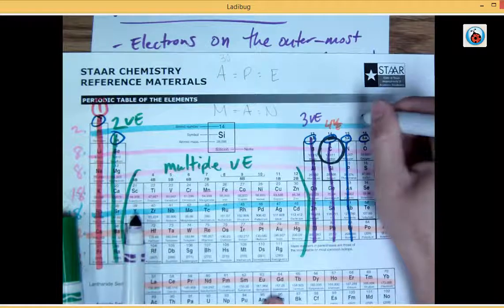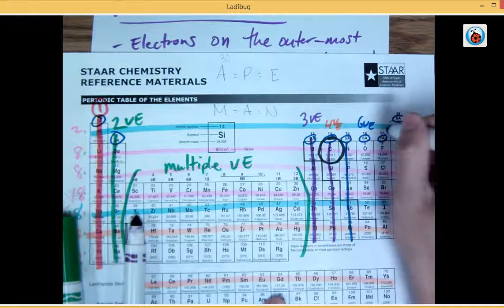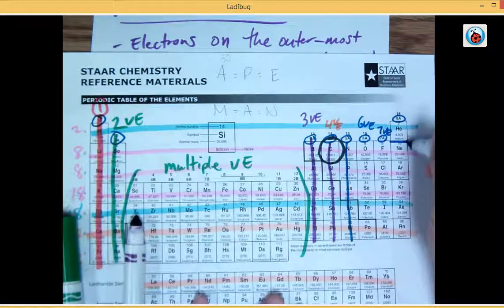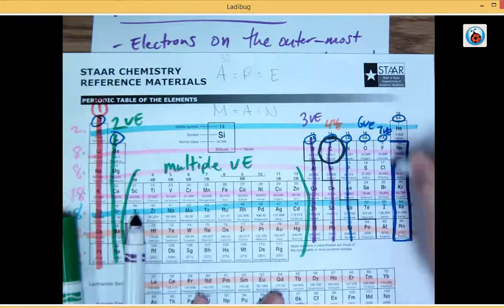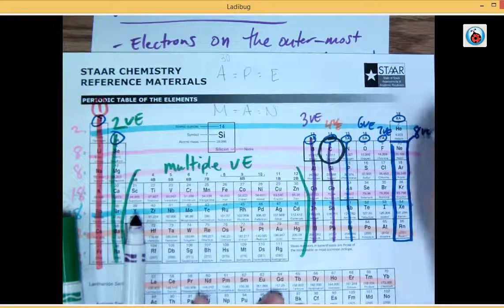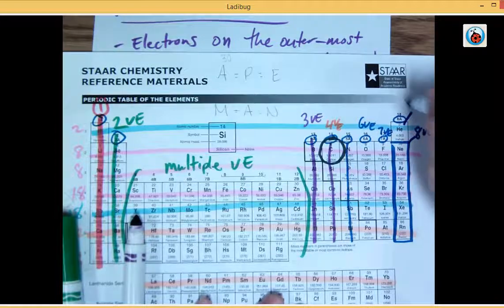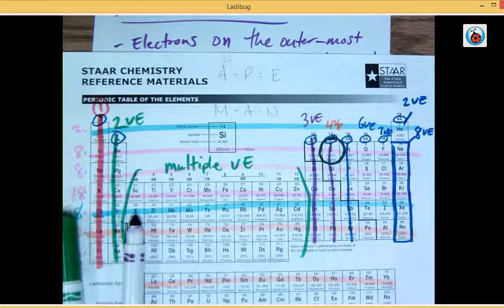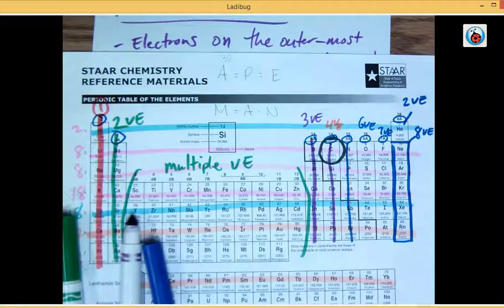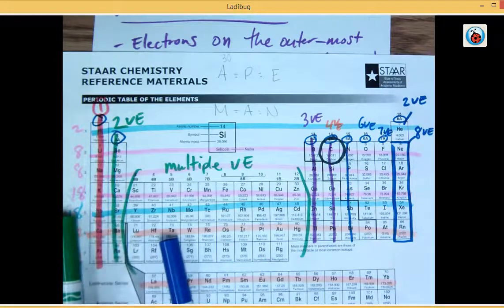So 6 valence electrons for column 16, 7 valence electrons for column 17, and 8 valence electrons applies to everything underneath helium. Because I mentioned helium earlier, it only needs 2 valence electrons to be full. So that's how you figure out the valence electrons.